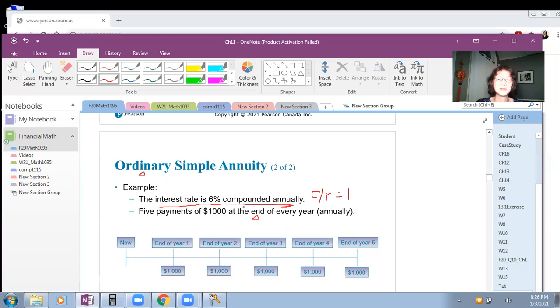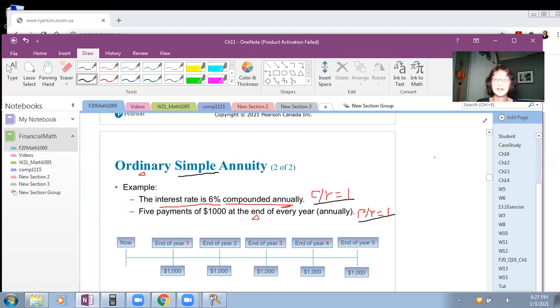So 5 payments, one every year. In 1 year you make 1 payment, so PY equals 1. Because PY equals CY, that is a simple annuity.